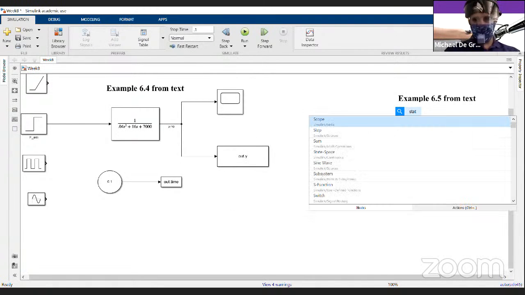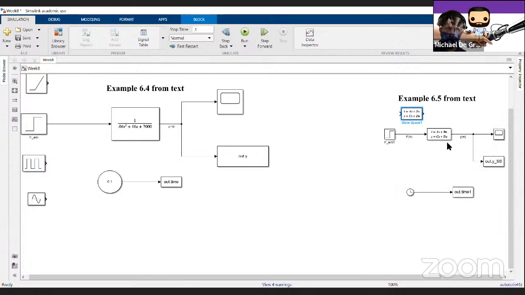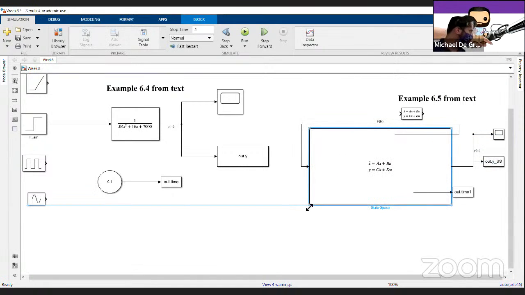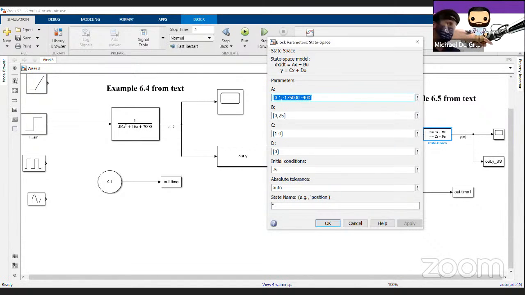If you type state space into here, this will give you the state space blocks. Now, if you expand this, it doesn't ever give you anything interesting like the transfer function block. It will never give you a representation of what your A, B, C, and D matrices are. But it will ask you for A, B, C, and D when you open it.